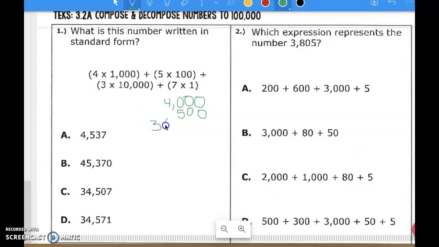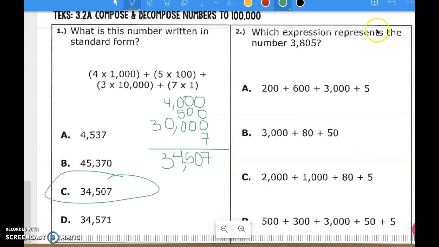We need to put these numbers in rows and columns perfectly. So 3 10,000s, 30,000, and 7. So what number is this? 7, 0, 5, 4, 3.